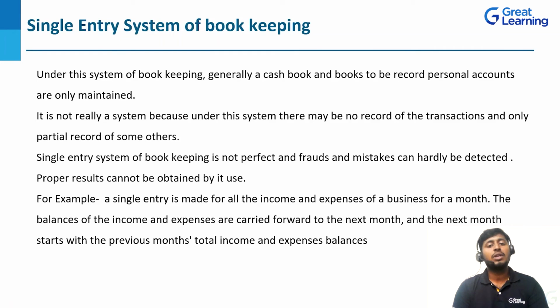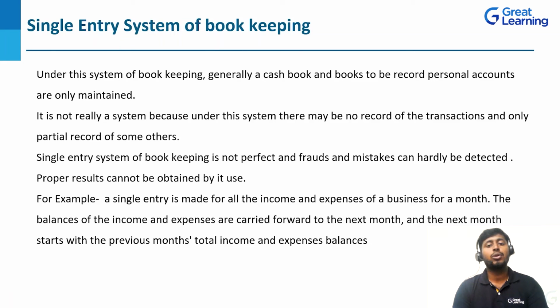So for the month of January, they have spent expenses of 10,000 and they have revenue of 20,000 rupees. So 10,000 is the expenses, 20,000 is the revenue. Revenue minus expenses is your profit, correct? So 20,000 minus 10,000, 10,000 is the profit amount.